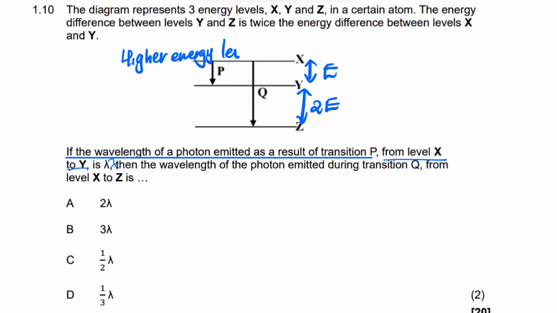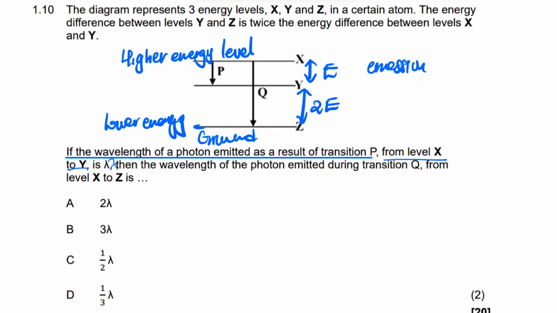This one here is a lower energy level, which we call the ground state. So what is happening here, the electrons are transitioning. If they are transitioning from there to there, that means they're coming from a higher energy level to a lower energy level, which is what we call an emission.